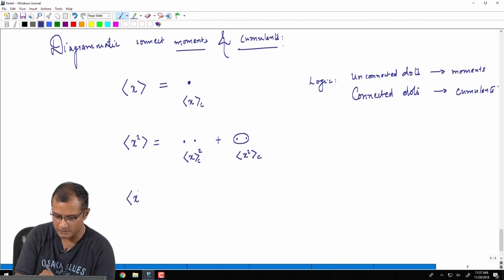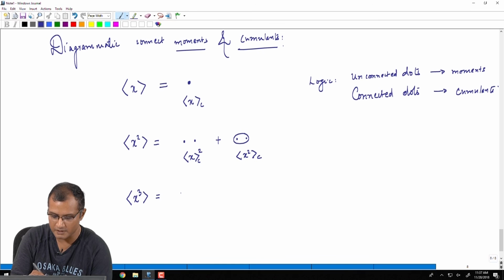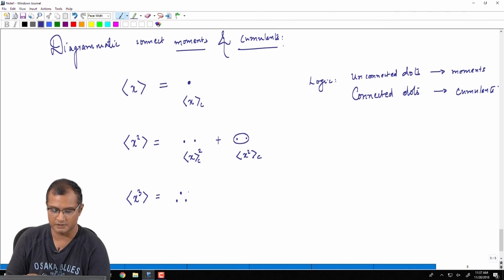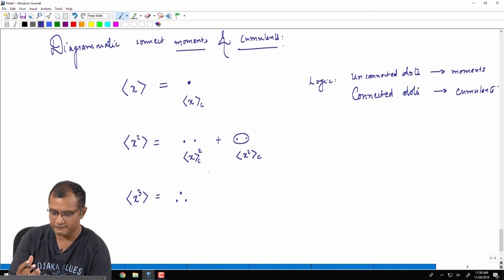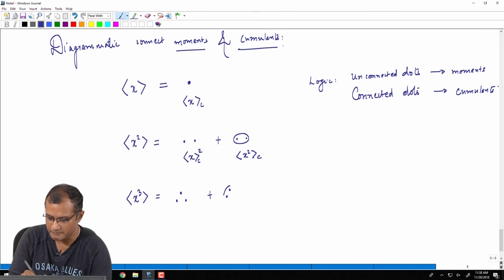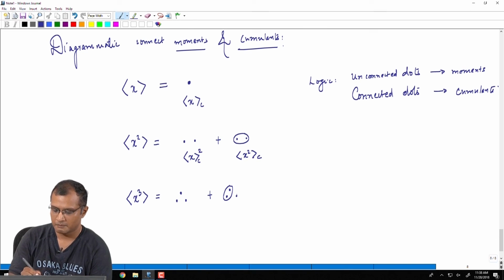Let us go to the third moment. For the third moment I need 3 dots, because the number of dots is equal to the order of the moment. With 3 dots I have different possibilities. I can leave all of them unconnected, or I can connect 2 of them and leave the third unconnected, but there are precisely 3 ways of doing it.